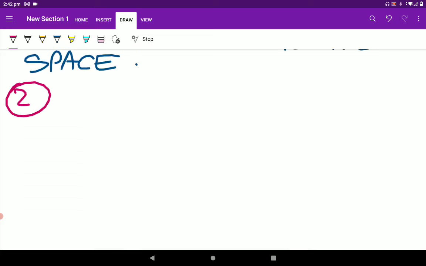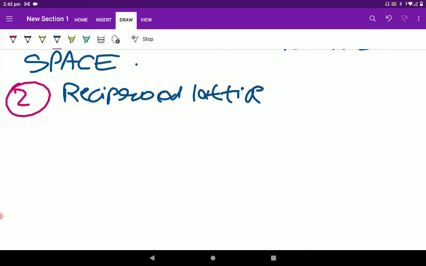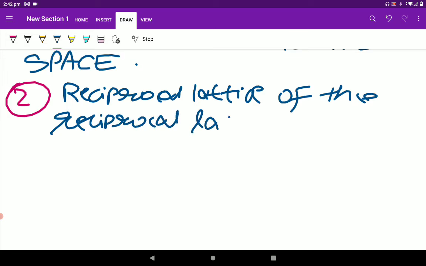The second property is that the reciprocal lattice of the reciprocal lattice is the direct lattice.